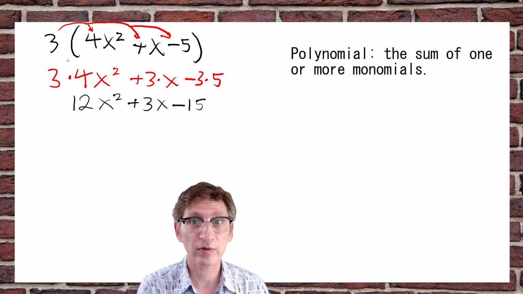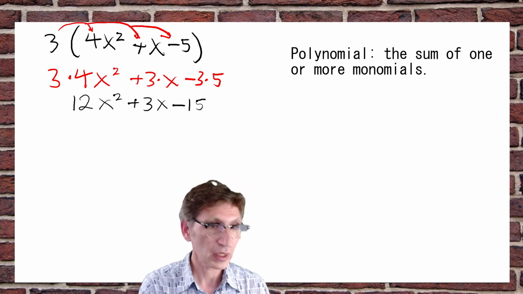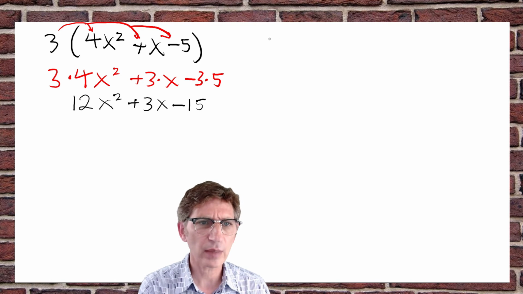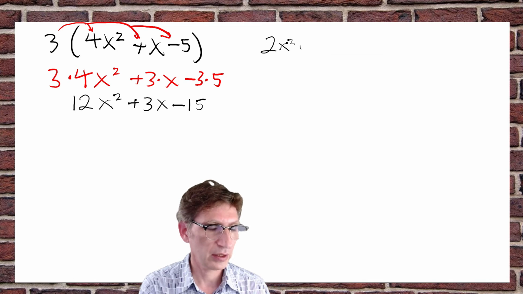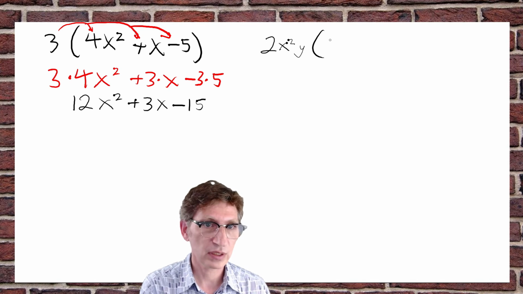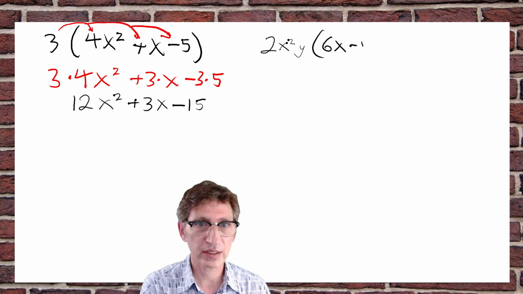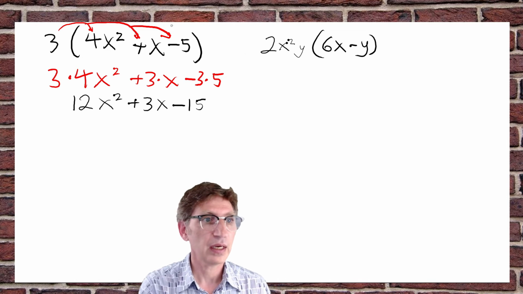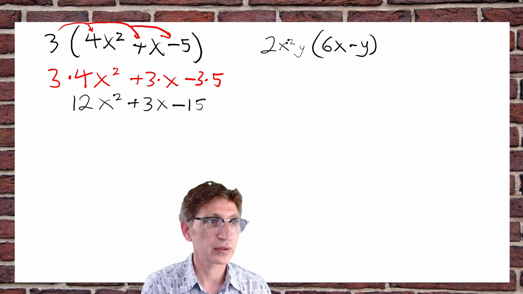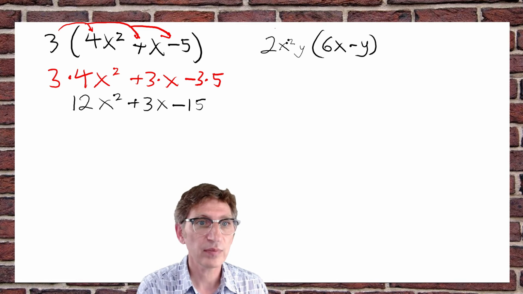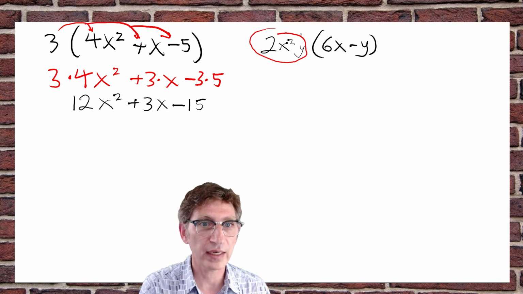That's it for that. It's just the distributive property with a couple extra steps. But they can get a little more complicated pretty quickly. If I have 2x squared y times 6x minus y, I've got to deal with a few more variables here. Well, one more variable at least. Taking this whole 2x squared y, multiplying it by each of the terms in the parentheses.